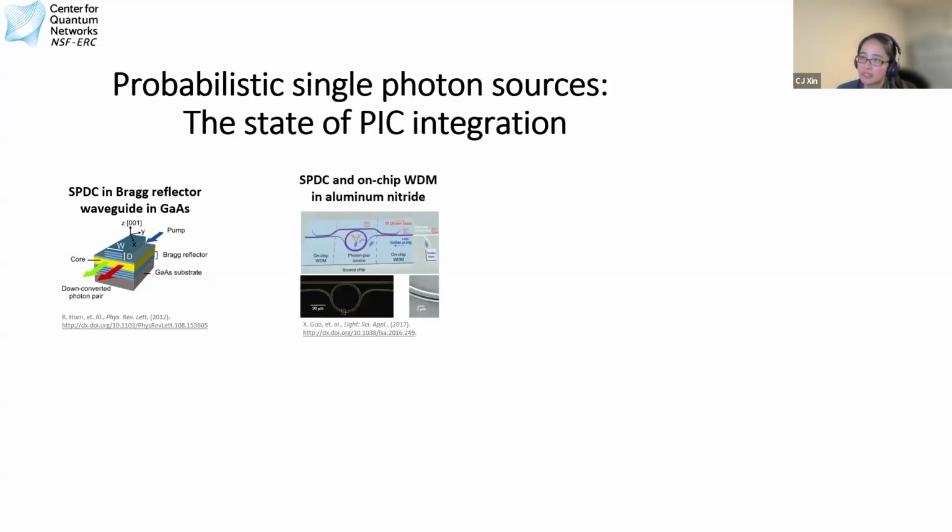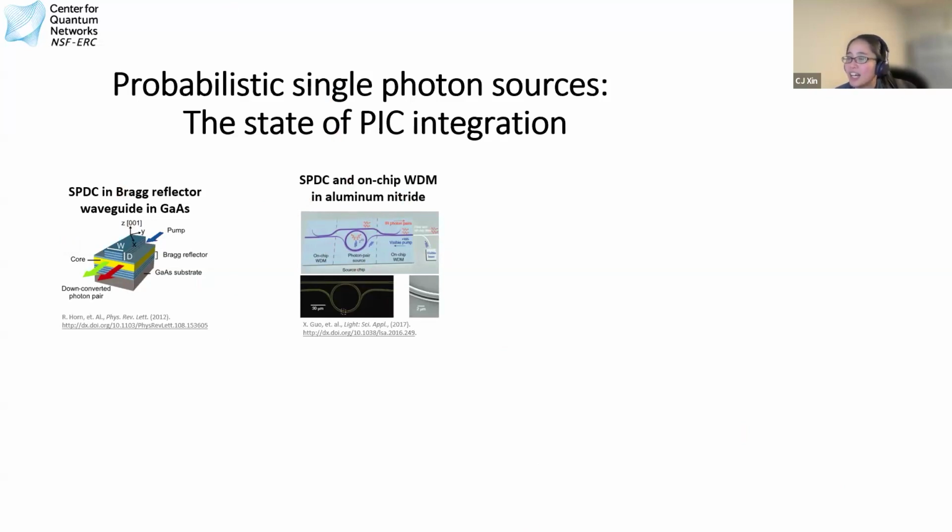You make a ring in a chi2 material, and then you let SPDC happen in the ring, and then you couple it out. You start seeing, quote unquote, integration with some passive devices like couplers and WDMs here. This is aluminum nitride, which I think we so far haven't mentioned. No, Marko mentioned it.